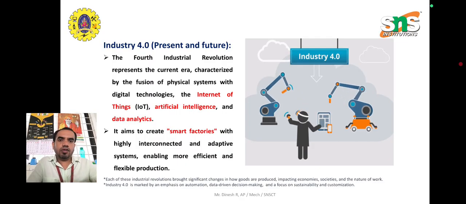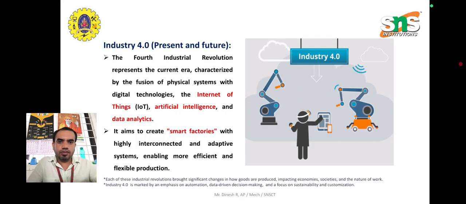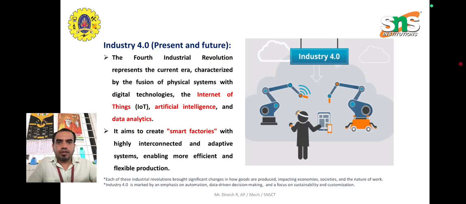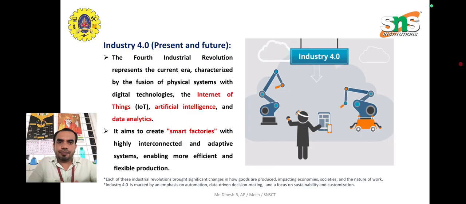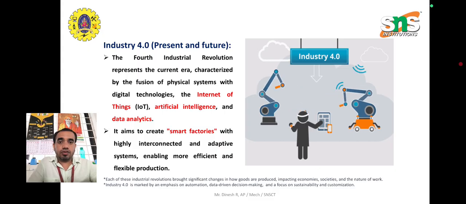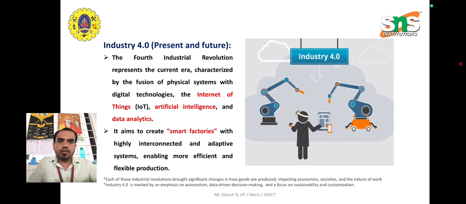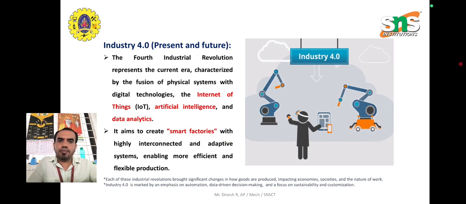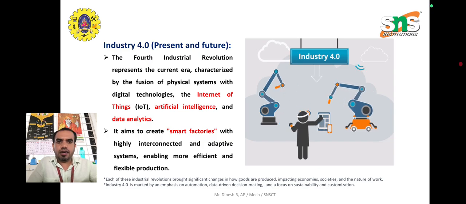Okay, without any concern of us humans or any interaction from us. Okay, so this is what Industry 4.0 is. So in simple terms, we have to remember that smart factories are the major role of Industry 4.0 by means of all the technologies, majorly IoT, ML, AI, and data analytics.